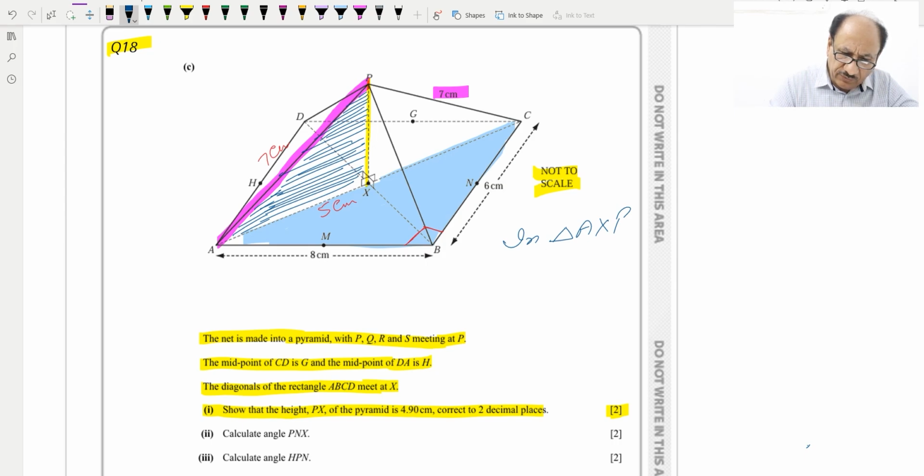So we need to find PX. AP square is equal to AX square plus XP square, and XP is required, so XP square will be equal to AP square minus AX square. By Pythagoras theorem we are doing this.